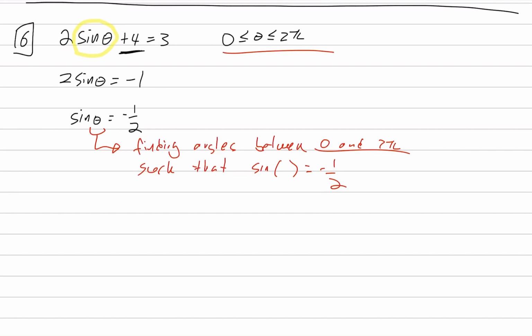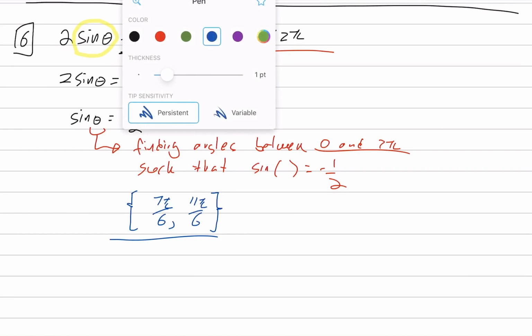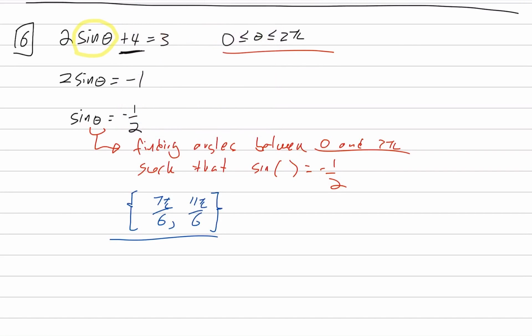Again, another problem where you must know the unit circle. So the solution from the unit circle is 7 pi over 6, comma 11 pi over 6. Okay. So that's it. And these concepts are from module 6b.